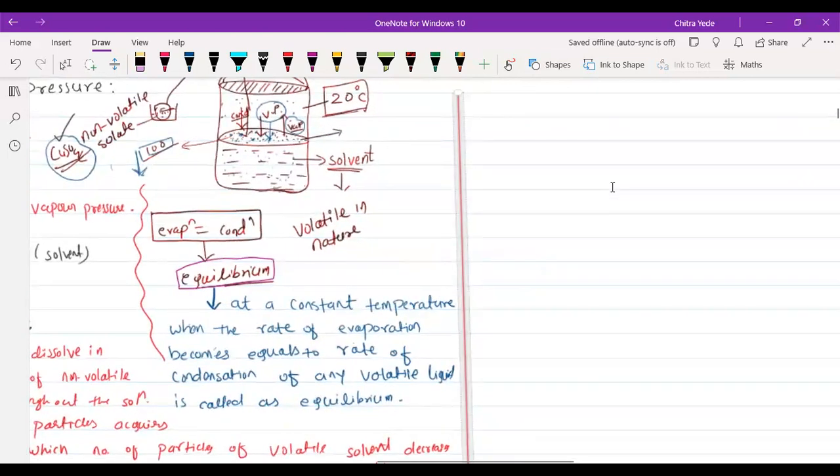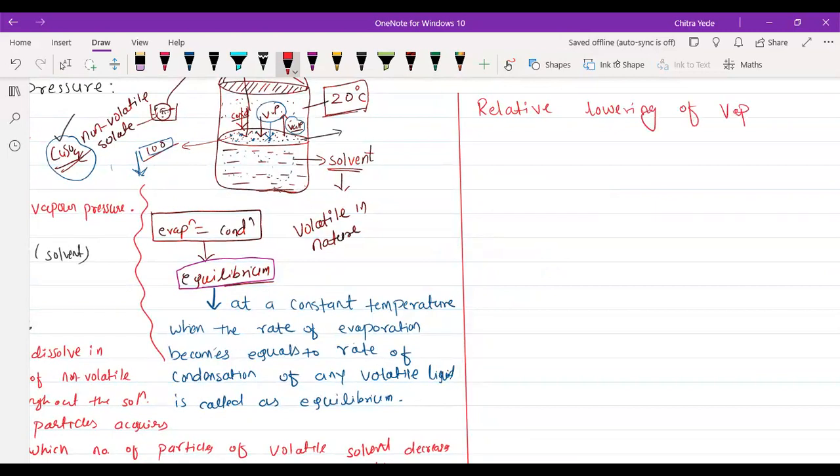Now, next heading: relative lowering of vapor pressure, VP. See, for relative lowering of vapor pressure, we just had to relate with the vapor pressure of the pure solvent, beta. That's all, not more than that.